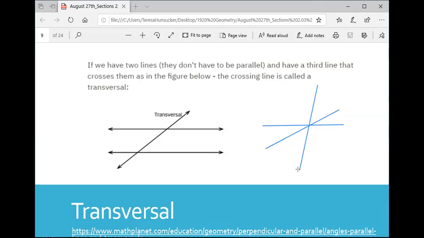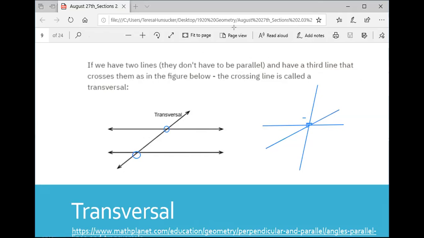Here's my transversal, or what we think is a transversal. It intersects the other two lines at the same point. So right there, at the same point. If you notice, the transversal here crosses at two different points. So with a transversal, it has to intersect two or more lines at different points. So this would not be a transversal.